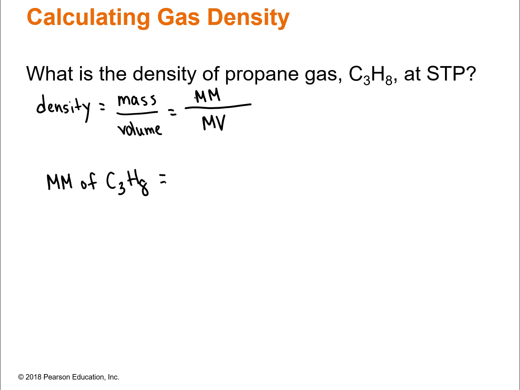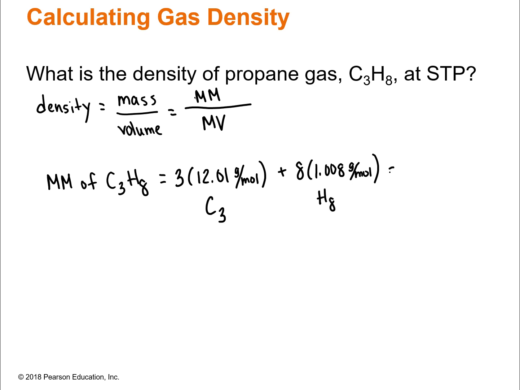So we've got 3 carbons and we've got 8 hydrogens. So it should be somewhere in the ballpark of 44, just a hair over 44 grams per mole.